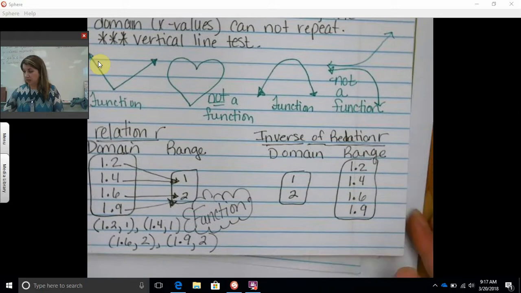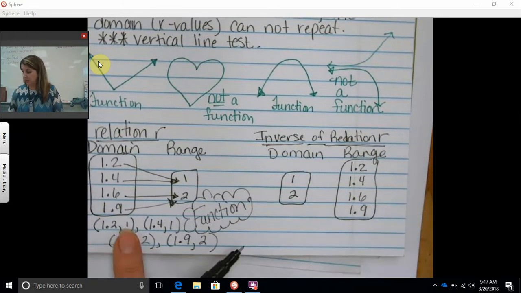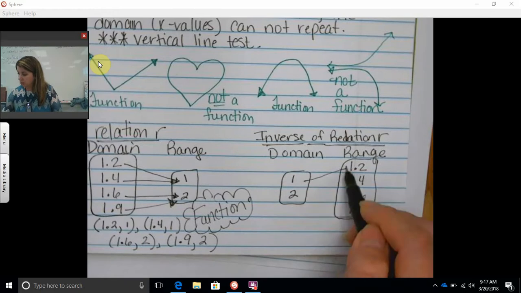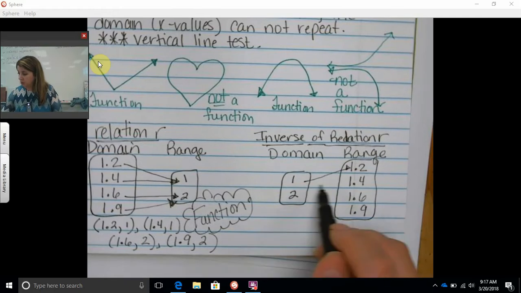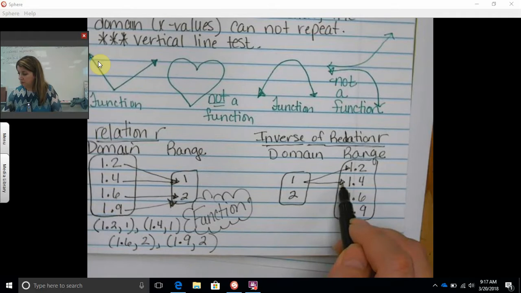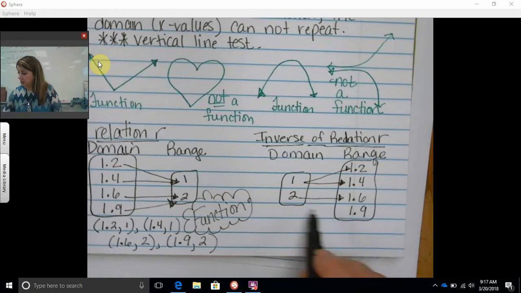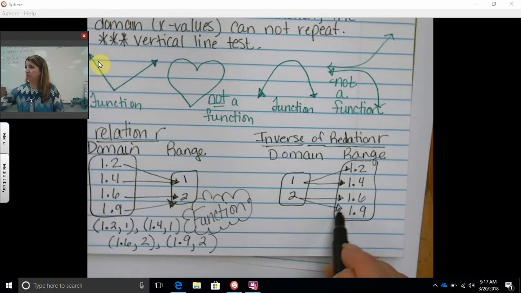And the numbers still go with whatever they did previously, okay? So 1 still goes with 1.2. 1 also goes with 1.4. 2 goes with 1.6 and also with 1.9.